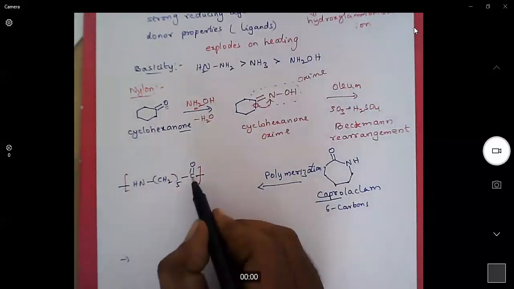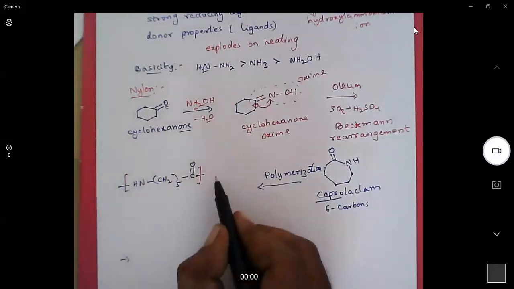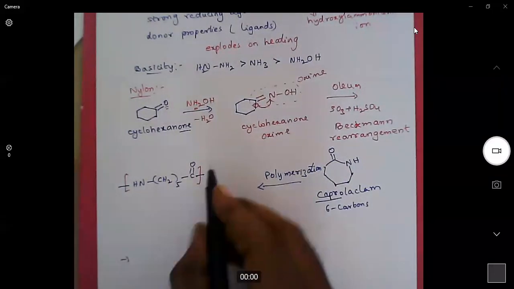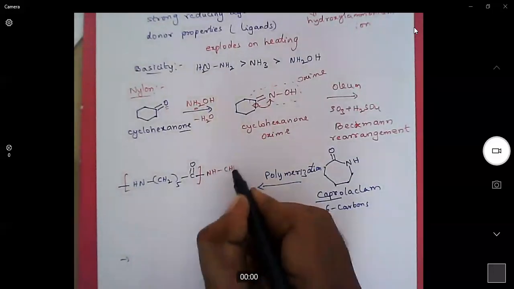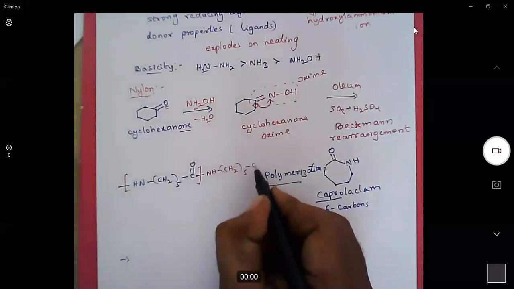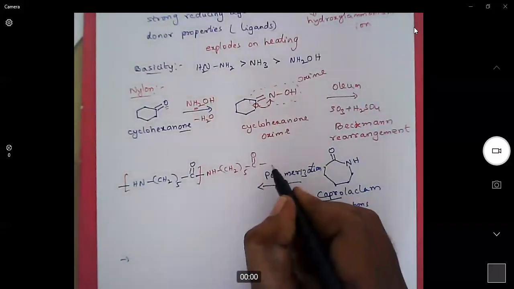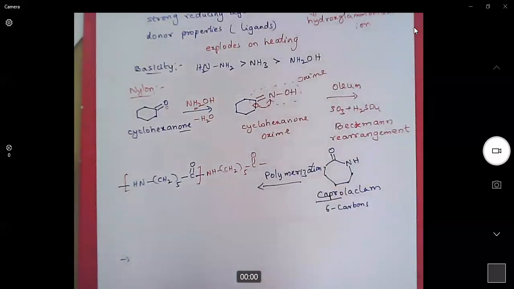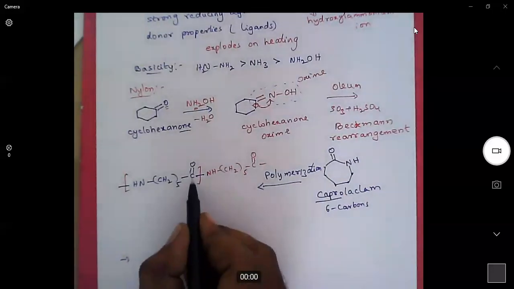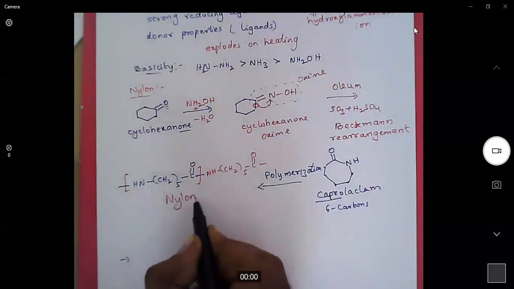That means after C double bond O, there will be NH, CH2 five times. For your clarification, I'll write one more monomer here: CO. Then again there will be one more NH, CH2 five times, CO. So it will go on. So this is what is called a polymer. Because there are 6 carbons in each monomer, this is named nylon.